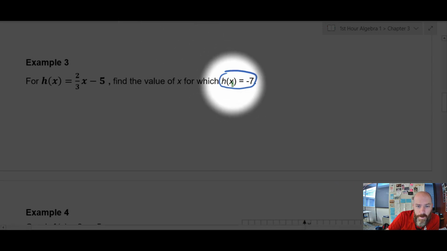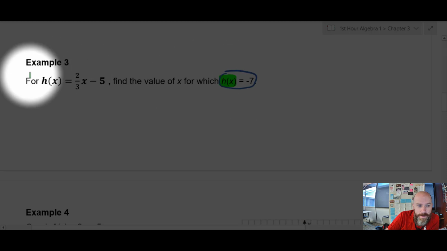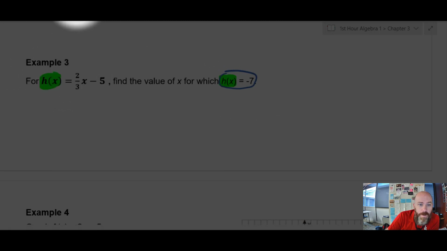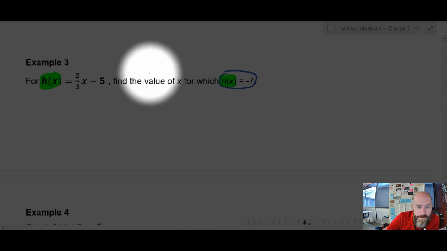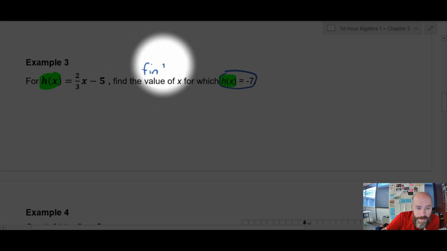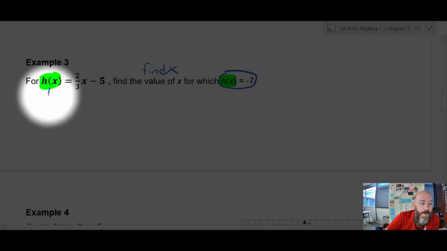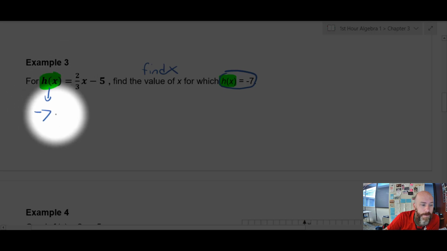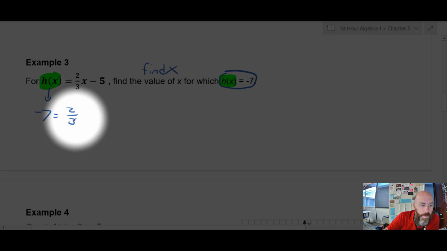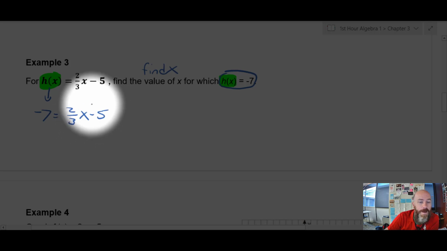So that means everywhere I see h of x, I need to put -7. So that's going to go in here. So when it says find the value of x, I want to find x, which means I don't put in anything for x. So right down here, I'm going to put in the -7 equals 2/3 x minus 5.